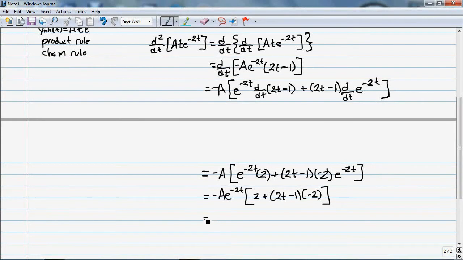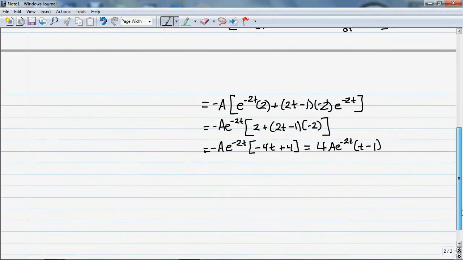And simplify the inside of the brackets. And then we can take the minus 4 out, bring it outside. So there are our two derivatives.